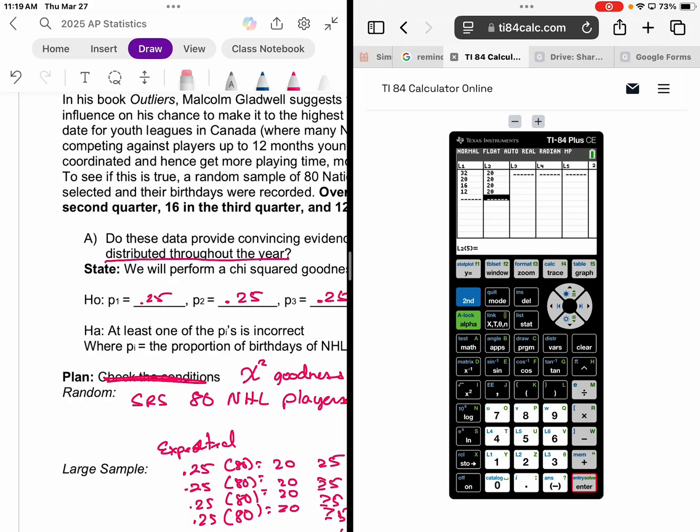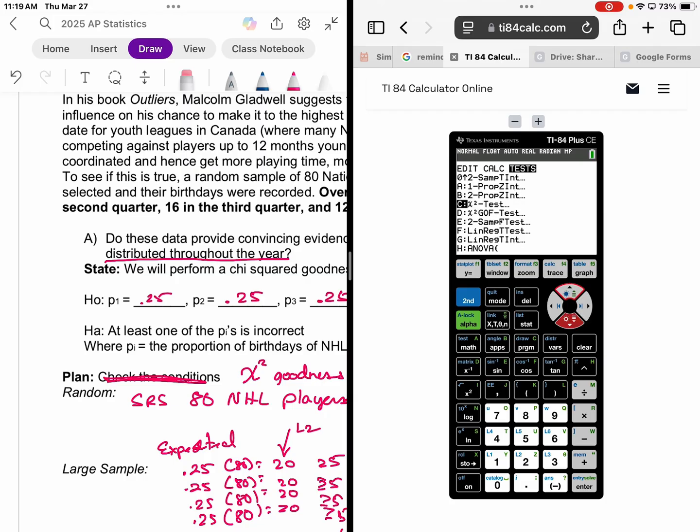Right, because it was 25% times 80, so that'd be 20. So we want to use these numbers right there for L2. And so I'm going to go stat, back over to chi-square goodness of fit. That's not the category I want. There we go. I got L1, L2, and we said our degrees of freedom was 3.